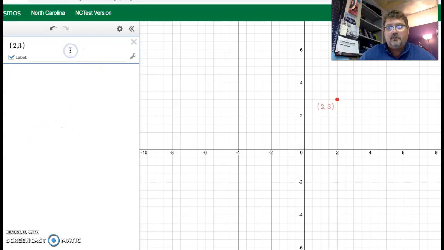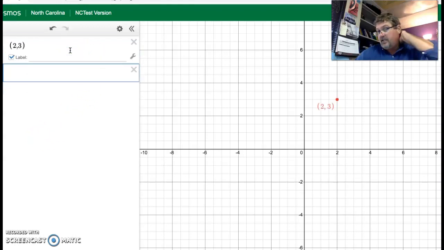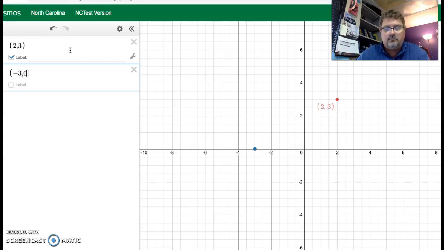If you want to put another entry in here, let's do a negative. Suppose we want to put a negative 3 and 0. Look, anytime you have a 0 for y, it lives on the x-axis. That's going to be a big deal later.